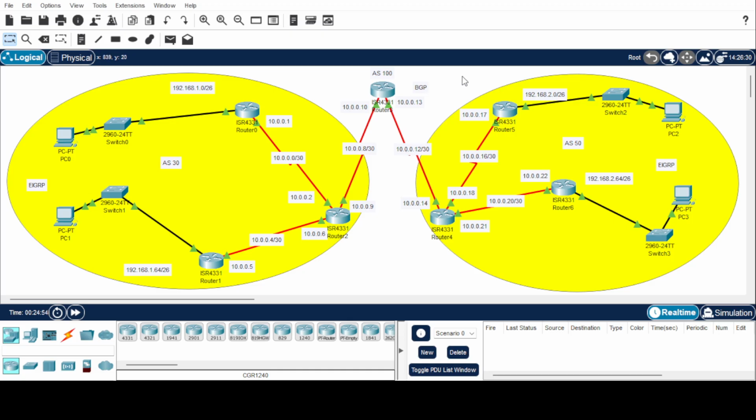Let's configure the BGP routing protocol at the BGP router, router number 3.